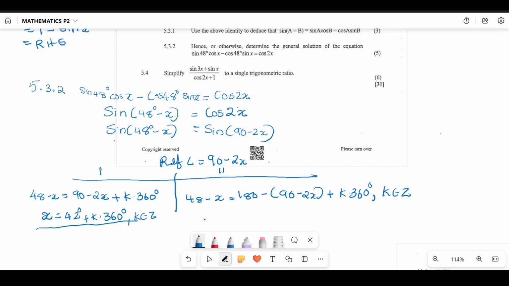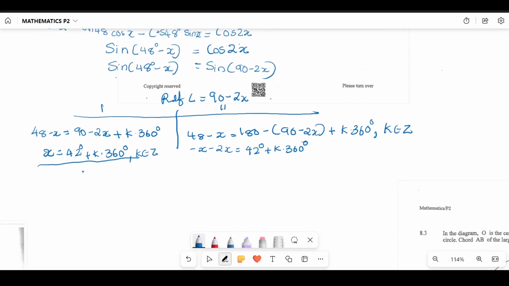Then the other answer will be, this side we need some simplifications, negative x, and when you open the bracket it's plus 2x. When this comes to this side, minus 2x, equal to 180 minus 90 minus 48 gives you 42 plus k 360, which is minus 3x equal to 42 degrees plus k 360.